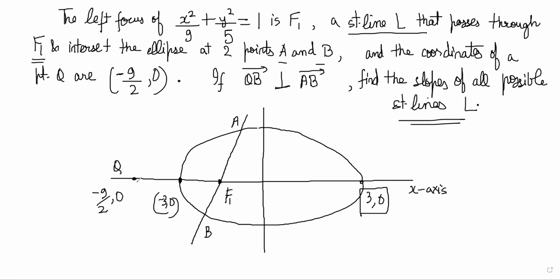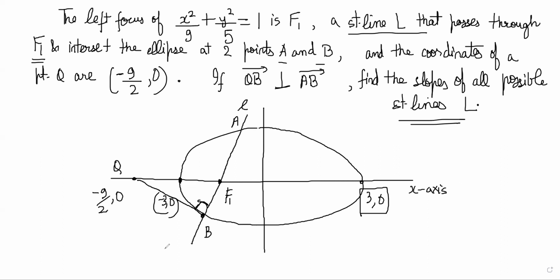Now we have been given that QB, if you join QB, it is perpendicular to AB, right? Okay. We have to find the slopes of all possible lines L. Our line L is this line.